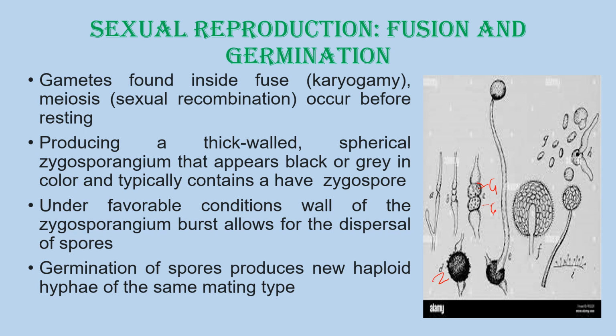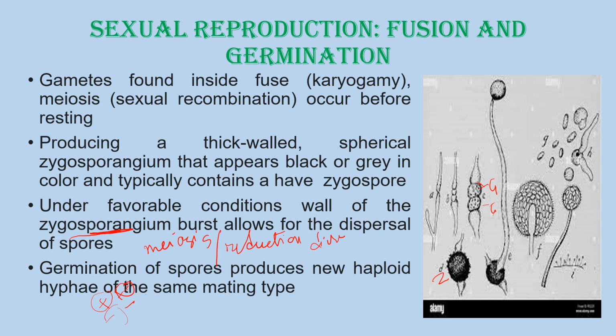In fact, this zygosporangium, before it undergoes a period of rest, undergoes meiosis, or reduction division. So after reduction division, two negative strain and two positive strain nuclei are formed.